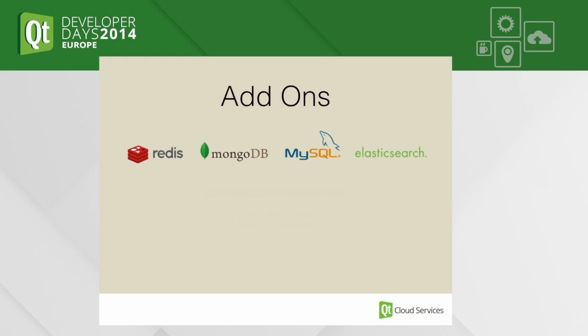And we have ready add-ons there as well. We have managed databases: Redis, MongoDB, MySQL, and Elasticsearch. And of course, you can use our other cloud-based services as well. If you have an SDK, you can do basically anything you want with it.